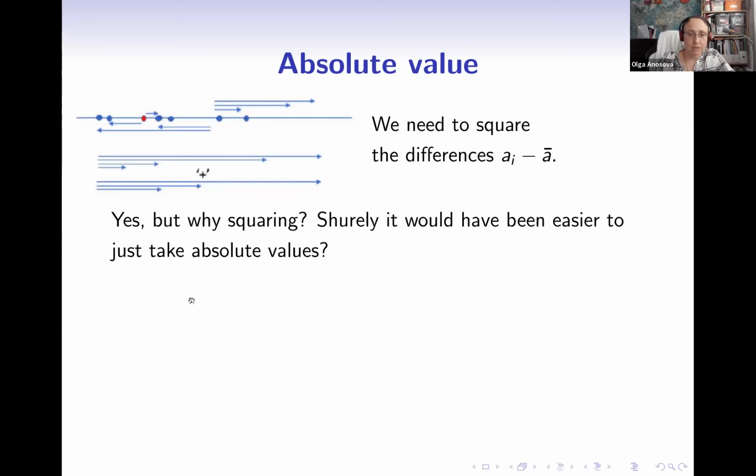Why bother with taking the power of 2? Absolute value is just taking the distances, so it would suffice. Why bother with squaring? Because when we square things, we will naturally obtain a larger value of distance than if we just take the distance.